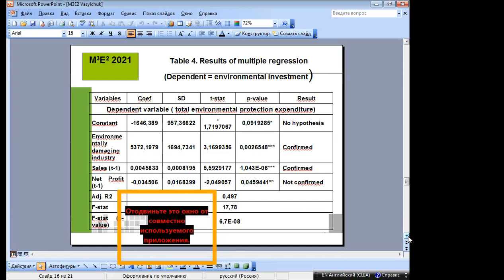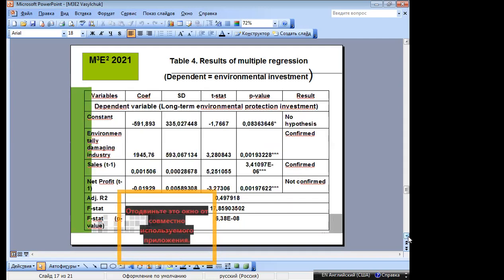While characterizing the result of regression analysis with 3 independent variables for all costs, see table 4, it should be pointed out that significant factors influencing the volume of total environmental protection expenditure were sales revenue, net profit, and companies belonging to environmentally dirty industry.